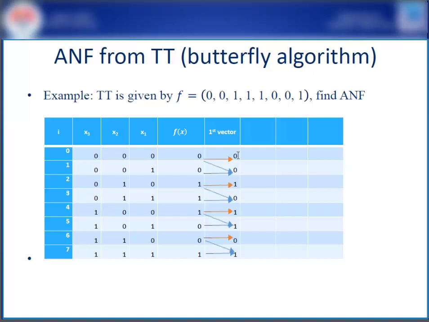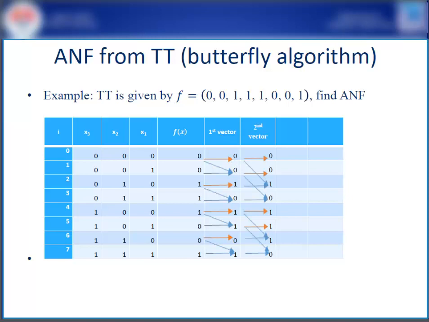To calculate even numbered elements, we sum it with the previous odd numbered element modulo 2. That is, we pair the ith element with the i minus first element. So on this slide we can see the results of calculation of the first new vector.